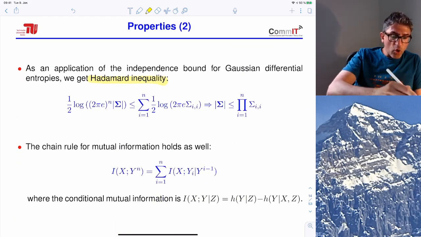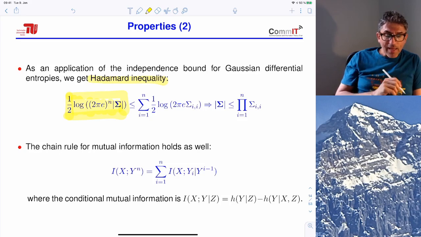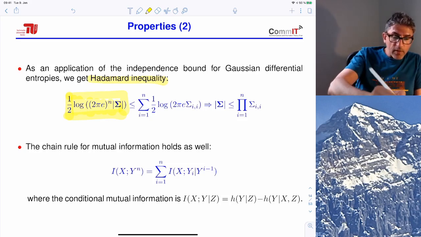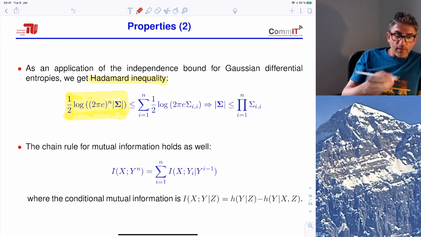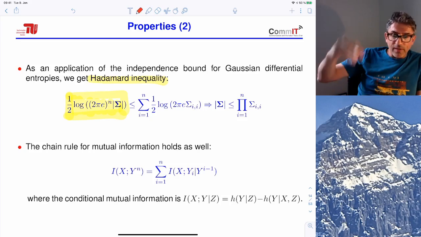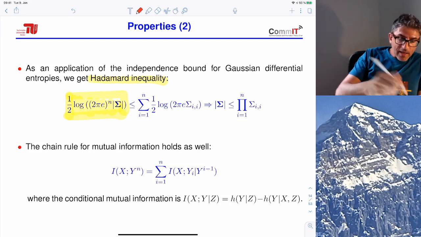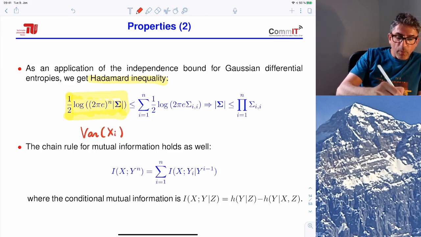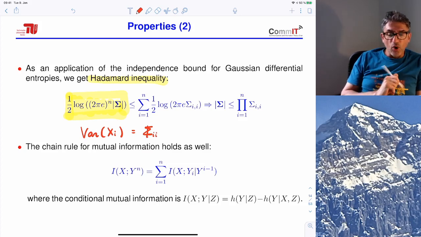So we know that the joint differential entropy of a Gaussian random vector with covariance matrix sigma is given by this formula, and a property of Gaussian random vectors is that each component is individually Gaussian, and in fact the variance of the i-th component is simply the ii element of the covariance matrix, as I said before.